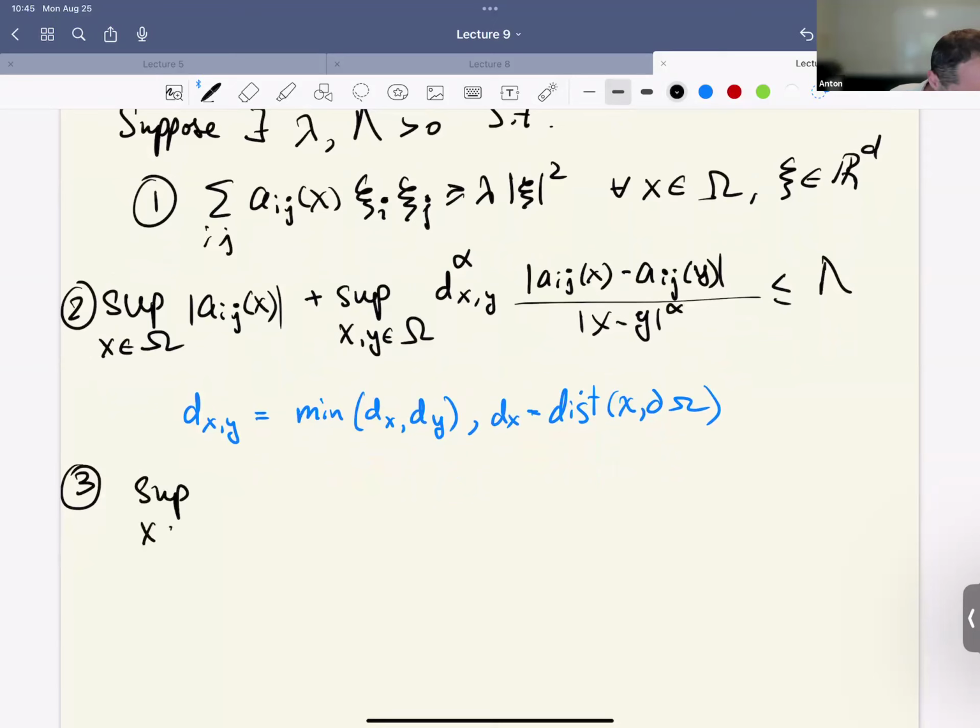supremum of x in omega, d_x b_i of x and supremum x comma y. After writing these down, I will walk us through our MH2 example and see how all this works.